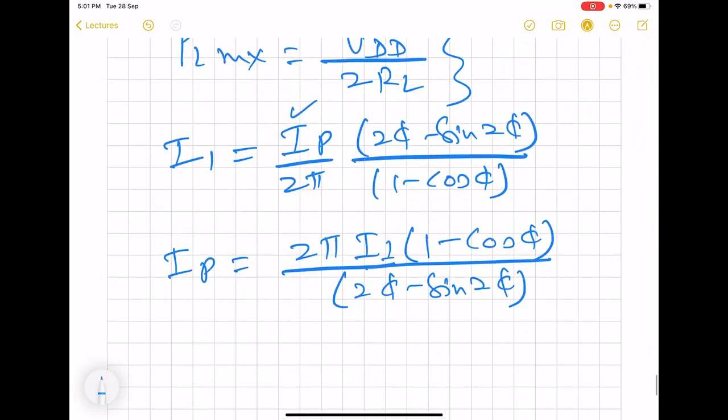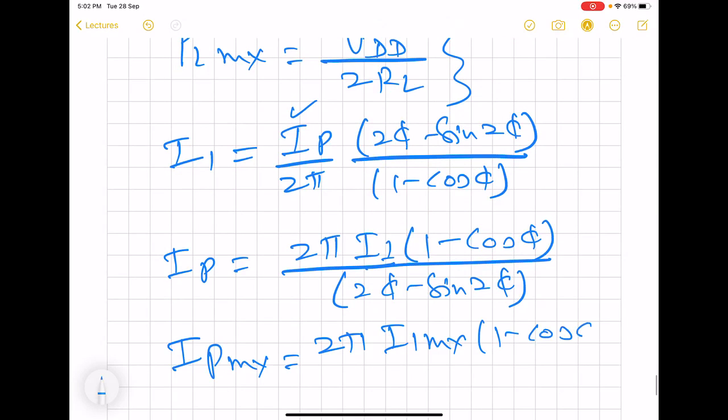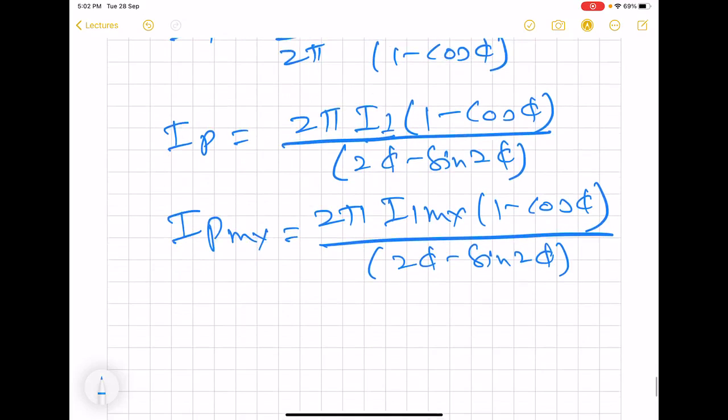So we are looking for I_P max. So it says that it should be I1 max. And this I1 max leads to maximum voltage swing.